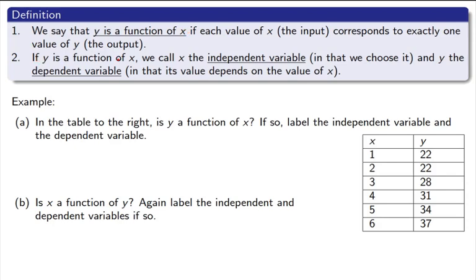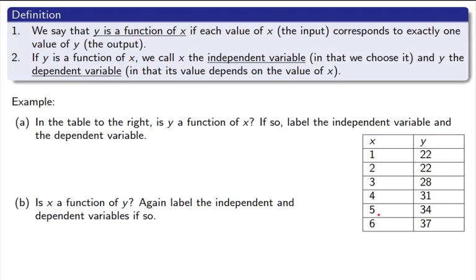So if y is a function of x, x again is our input, and we call this the independent variable because we get to choose the input. And y is the dependent variable, and that this y value is going to depend on which value of x that we choose. So let's take a look. So in this table, we want to determine if y is a function of x.